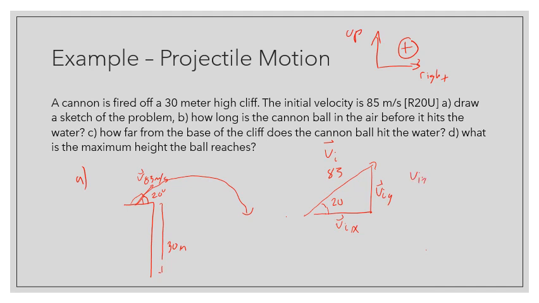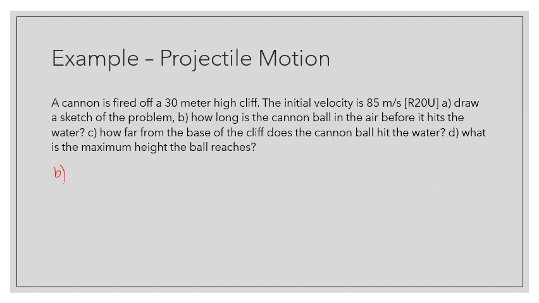So v_iy is equal to 85 sine of 20, which is equal to 29.07 meters per second up. v_ix is equal to 85 cos of 20, which is equal to 79.87 meters per second. And the direction of this would be right.